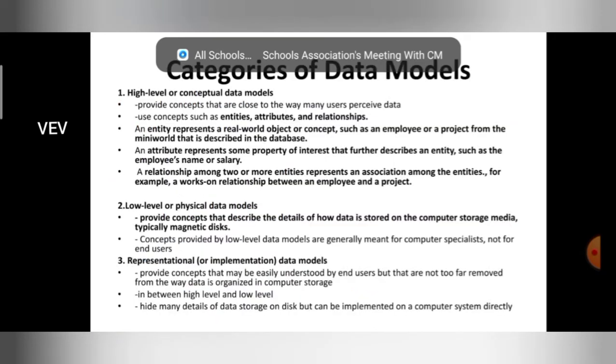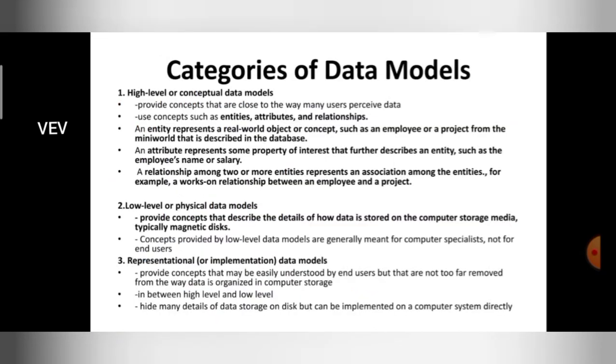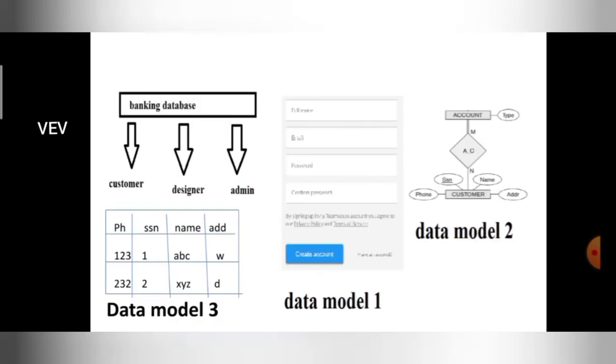Next, the low level or physical data model. The low level physical data model is going to describe the details of how the data is stored. Only the storage details will be represented by the low level data model. For example, data model 3 is going to tell about the storage details.